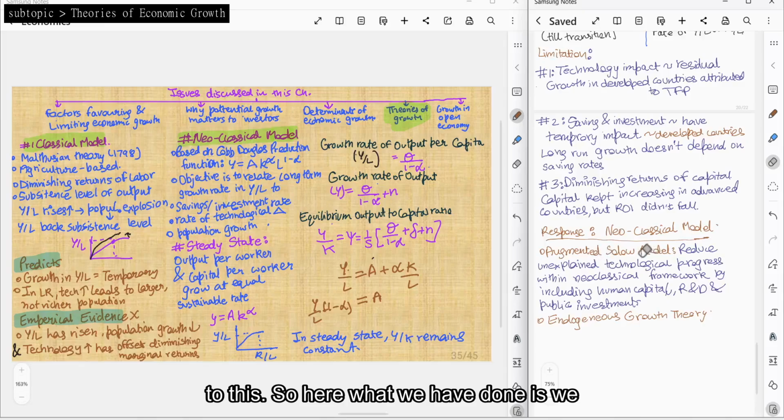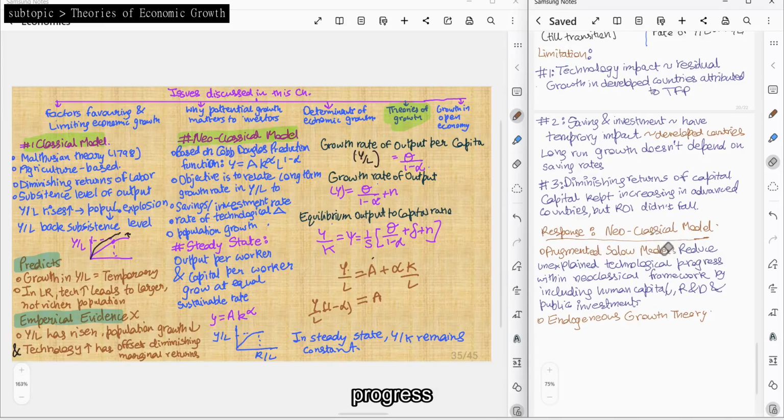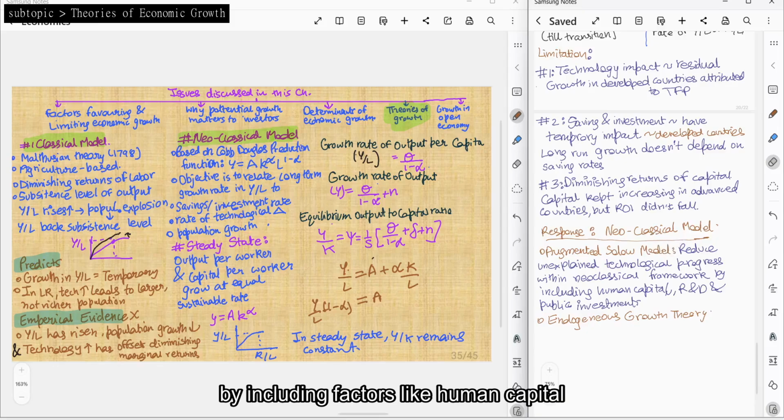Here we have reduced the contribution explained by the unexplained technological progress by including factors like human capital, research and development, and public investments, as we have studied in the extended production function. And the next is endogenous growth theory, which we are going to come to next.